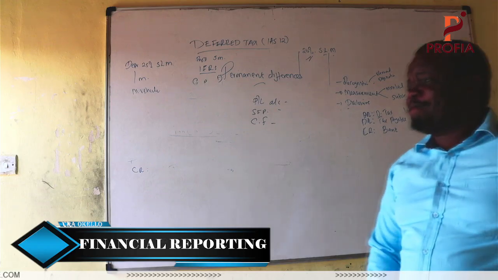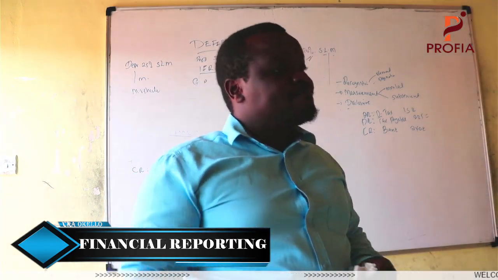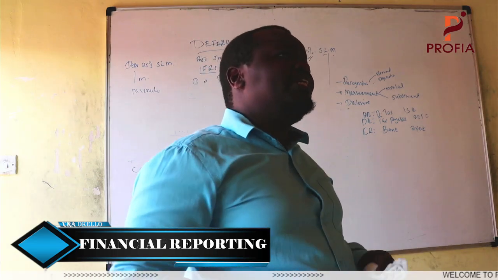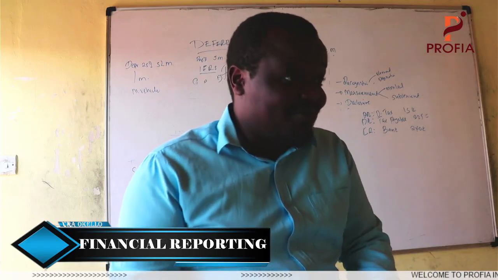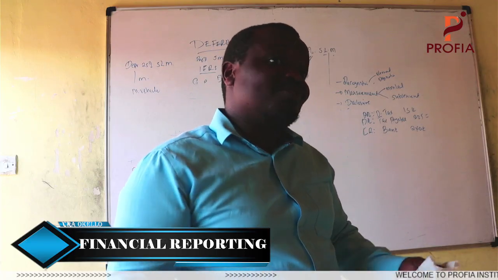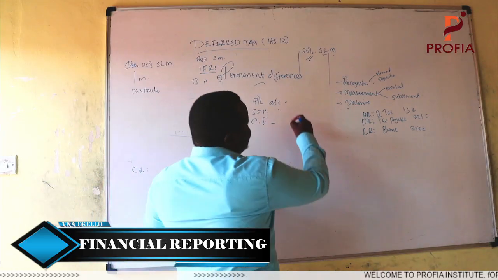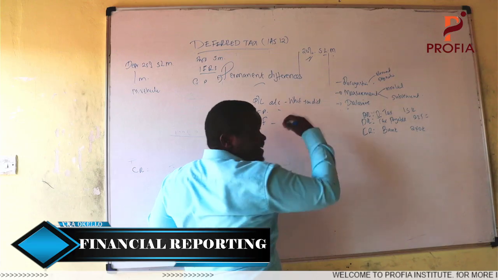What does it show? It shows whether you made profit or loss. So literally, it shows the main activities as to why the business was formed, because the business was formed to make profit. This will show you what you did within the year.